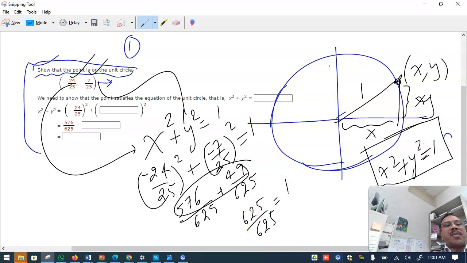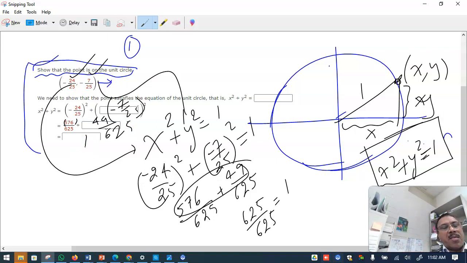So all you're supposed to write here is this is minus 7 over 25. And then this number is already given. So this part is 49 over, and this is already squared, so it is 49 over 625. And then you write the answer here, the answer is 1, and that's it.